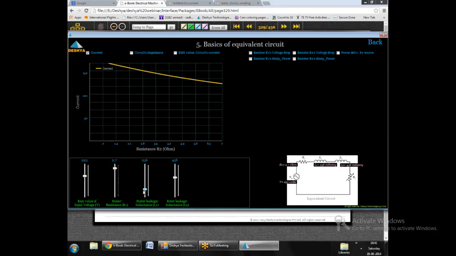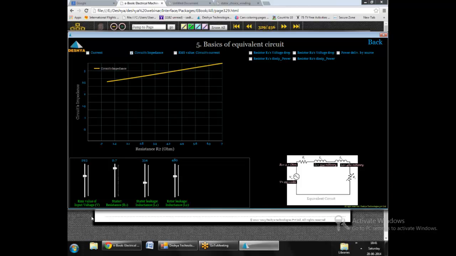Similarly, the stator leakage inductance also has an impact on the current in the stator, and the rotor leakage inductance as well. Similarly, the impedance of the circuit would be independent if I vary the voltage, whereas it would be a function of the stator resistance, stator inductance, and the rotor inductance.